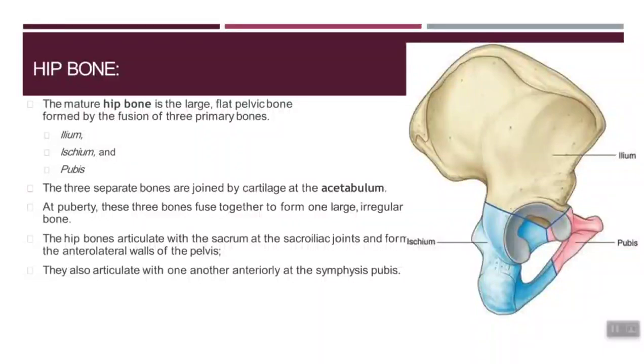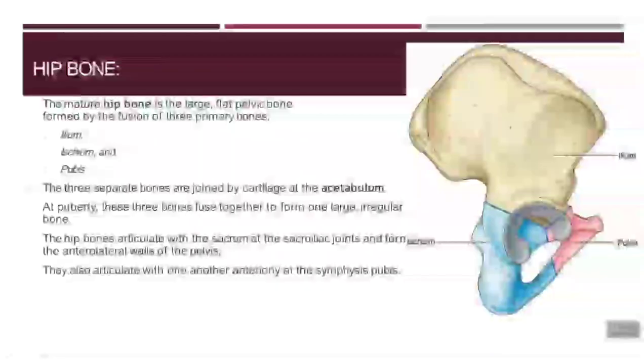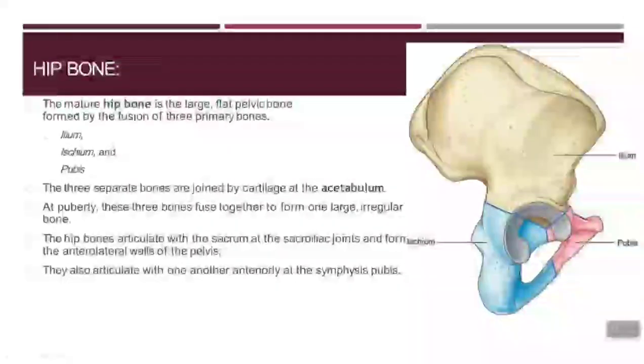As you know, the mature hip bone is a large and irregular bone formed by fusion of three primary bones: the ilium, ischium, and pubis. The ilium makes the upper part of the hip bone, the pubis makes the anterior-inferior part, and the ischium makes the posterior-inferior part of the hip bone.